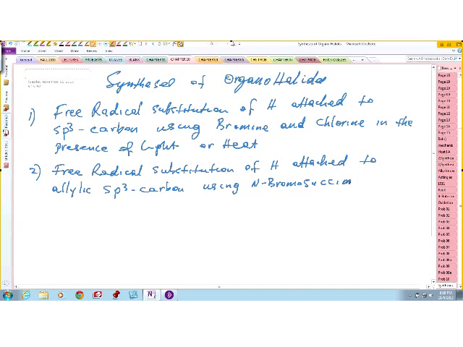N-bromosuccinimide we abbreviate as NBS.